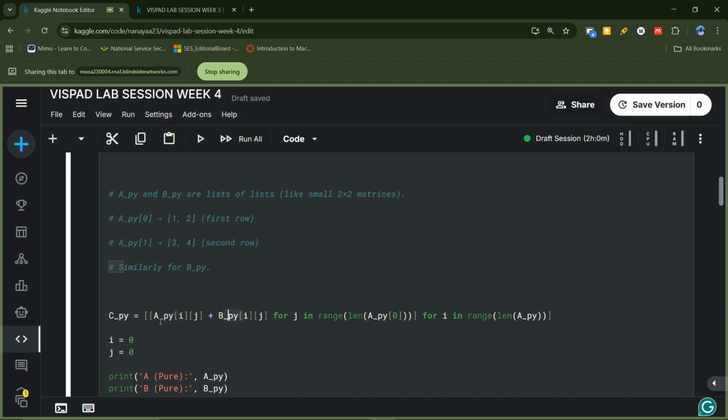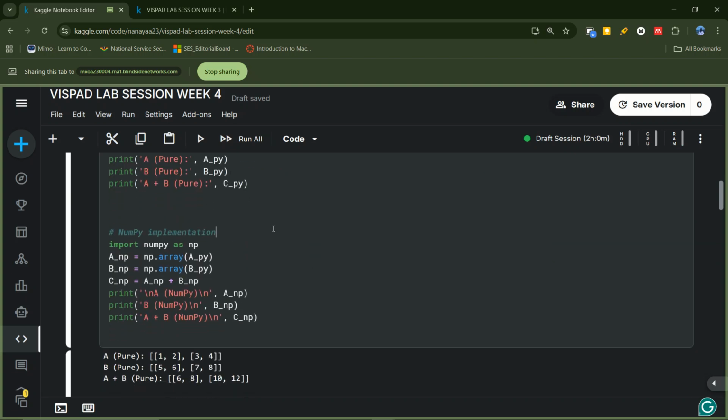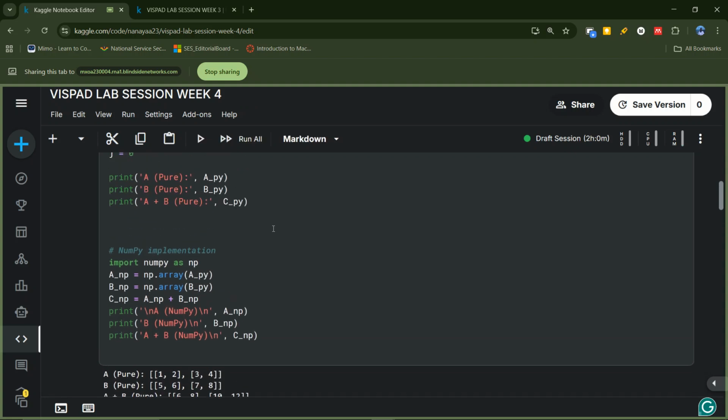And if you take B where the row is 0 and the column is also 0, what number is there? This expression gives you another expression called C_py ij. So it gives you C_py 0 0, meaning row position 0, column position 0. Great. So when you run it, that is what it's trying to do over here.